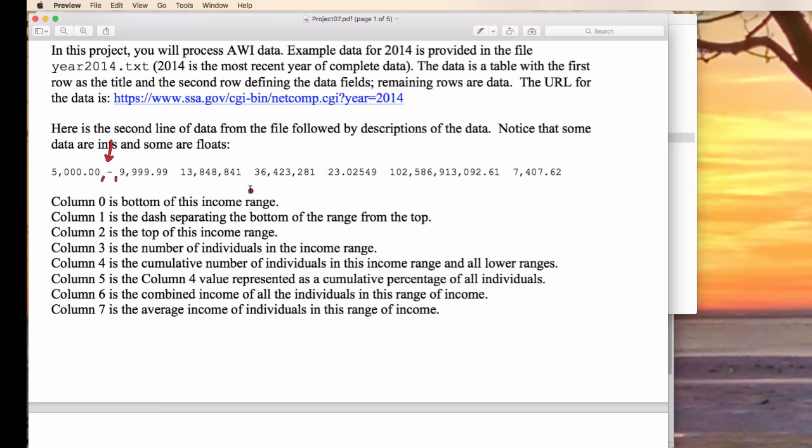A couple of other things: notice this piece of data, it's an int, but it also has commas in it. And so when you take a look at this particular value and you want to make it into an int, you're going to have to manually remove the commas and see what you end up with. Same thing down here. Here's one that's a float. That's the same way that you can tell it's a float.